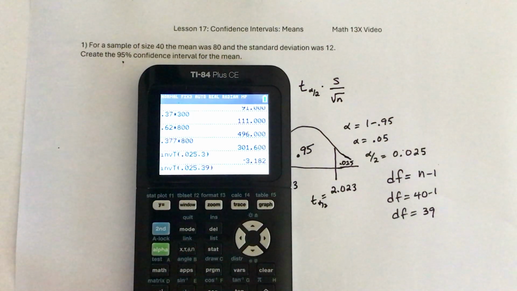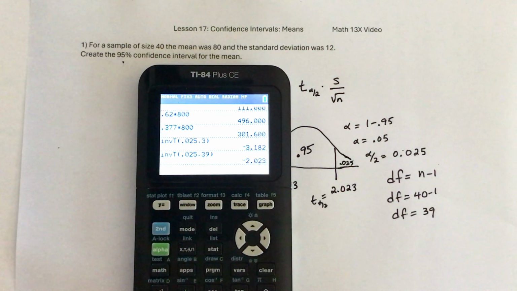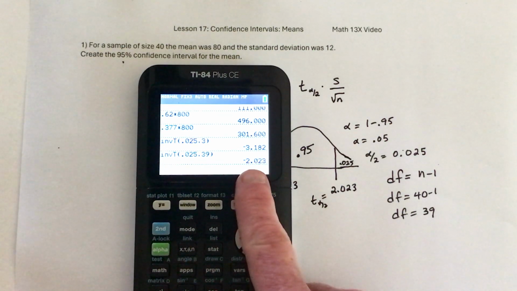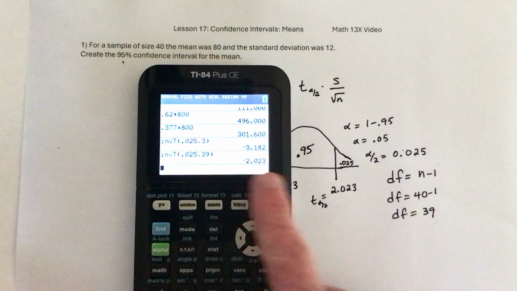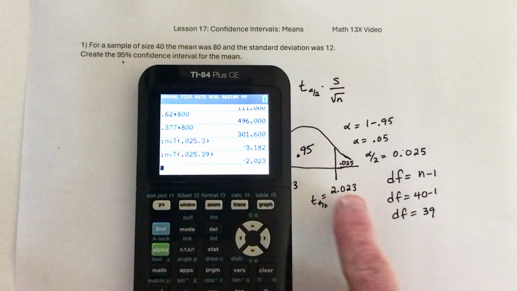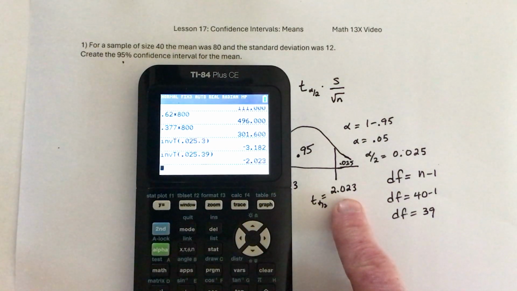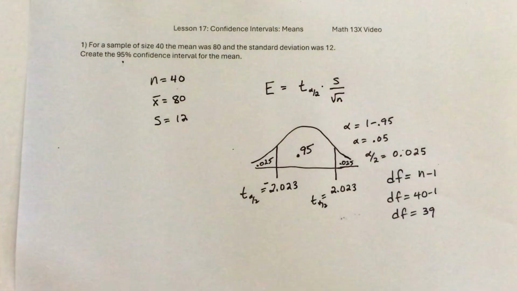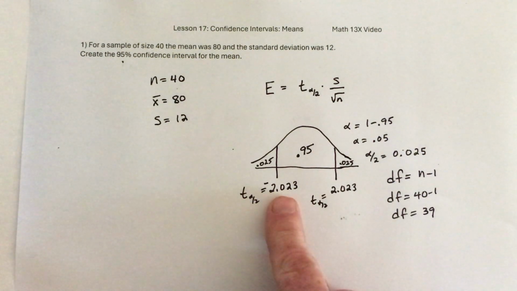So it gave me the same number, 2.023. Now it actually gave me the one on the left first.